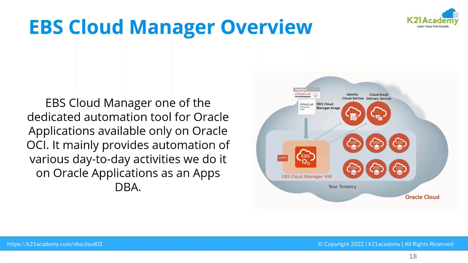Very much enhanced features are introduced, which make our life easier and give the capability to maintain pretty complex environments as well. So you can have various complicated architectures which you can now create using the EBS Cloud Manager. This is basically the automation tool and is only available on Oracle Cloud, so I will say that it is one of the USPs for Oracle Cloud.